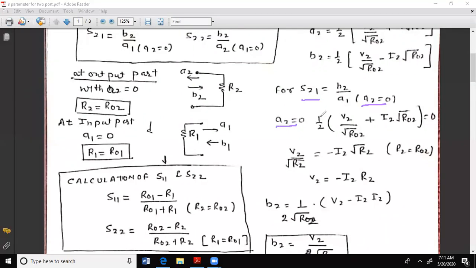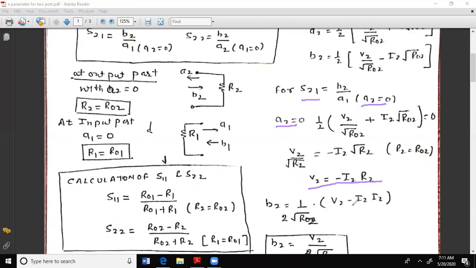So A2 equal to 0: A2 is equivalent to half of V2 by root of R02 plus I2 root R02 equal to 0. When we make this equation 0, V2 upon root R02 equals minus I2 into root R02. So the equation is basically equivalent to V2 equal to minus I2 into R2. So when we make A2 equal to 0, we get V2 equal to minus I2 R2. The variable B2 equals 1 upon 2 root R02 times V2 minus I2 R2.